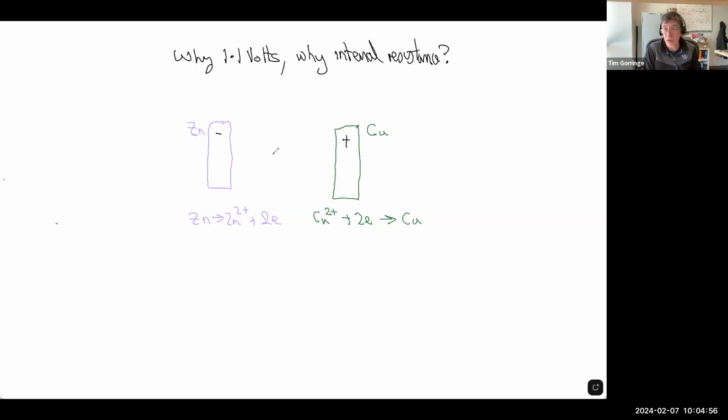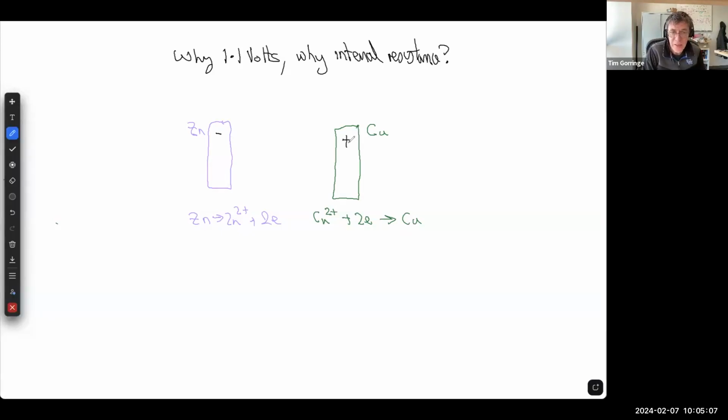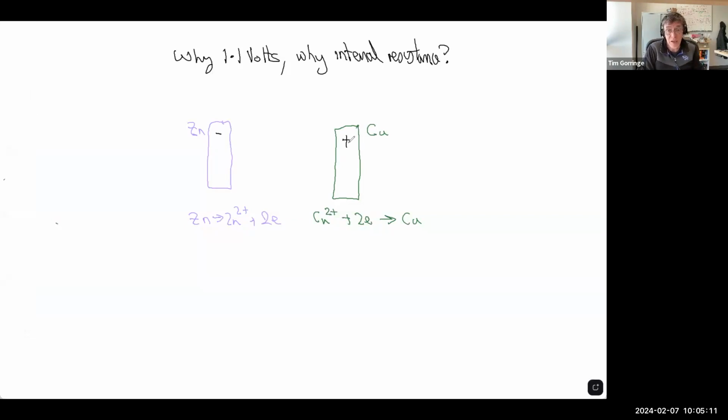But now we've actually created a little potential hill between the two electrodes. We got negative charge over here on the left. We got positive charge over here on the right. There's a potential hill. It's a very small one because we just got a couple of units of electronic charge on both electrodes. Very small potential hill, but there is a potential hill between the two electrodes.